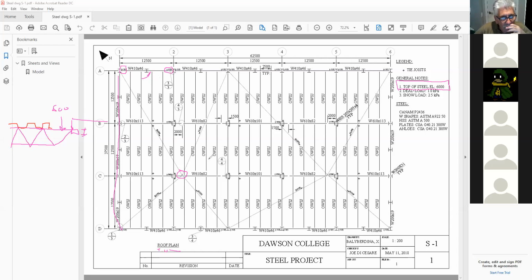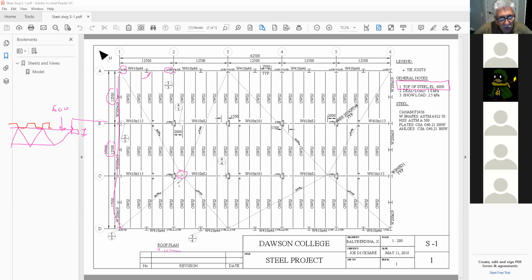So what we did here is very simple. I got 1250 and 1250, so that's 25 meters. The minimum slope that you should have in a roof is 2%. So 2% of 25 meters is 500 millimeters.